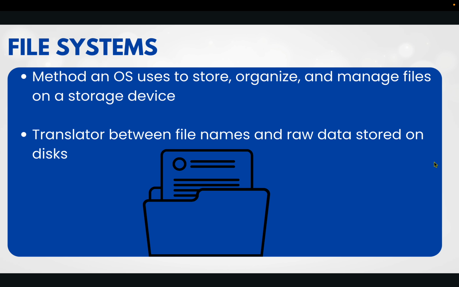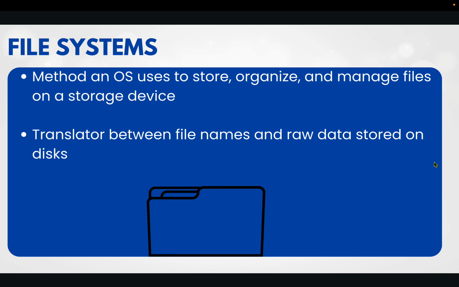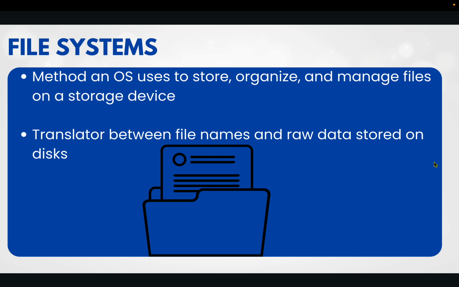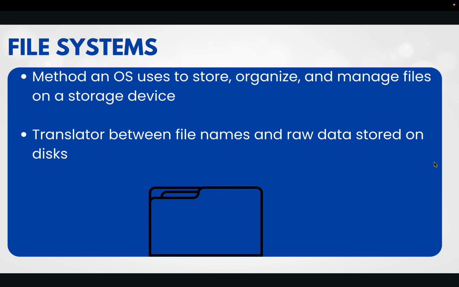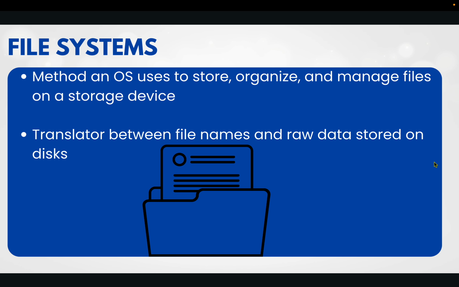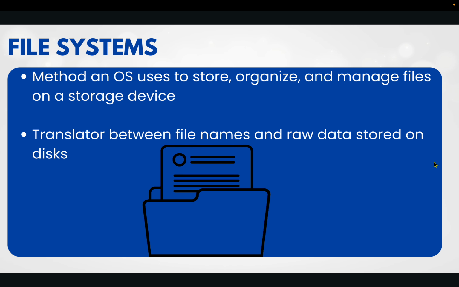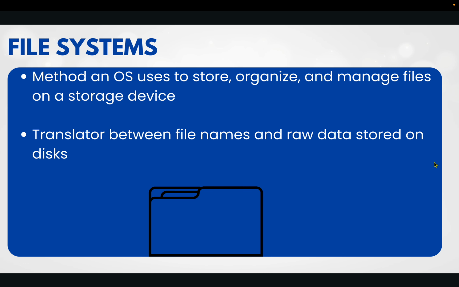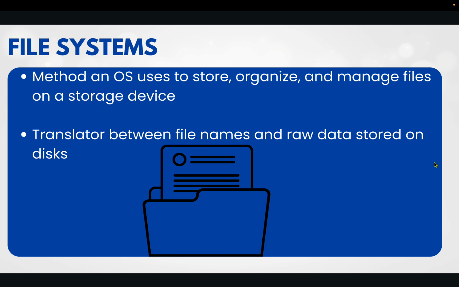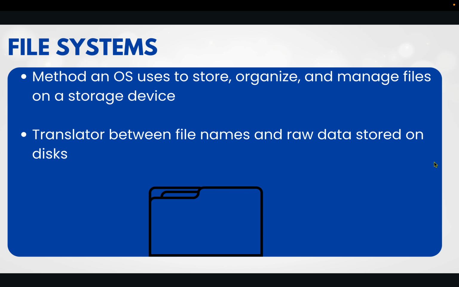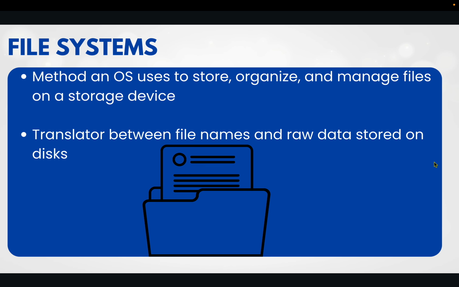So we're going to get into our next keyword, which is file systems. So file systems is basically what you use to store and organize your files. So this would be your file explorer on your computer, where you're saving all of your important documents and photos, etc. So it basically is a translator between raw data and the file names you see.